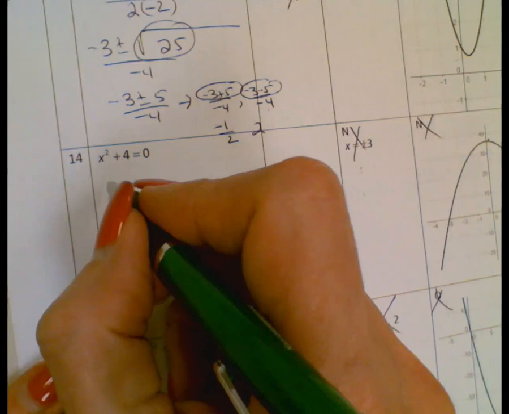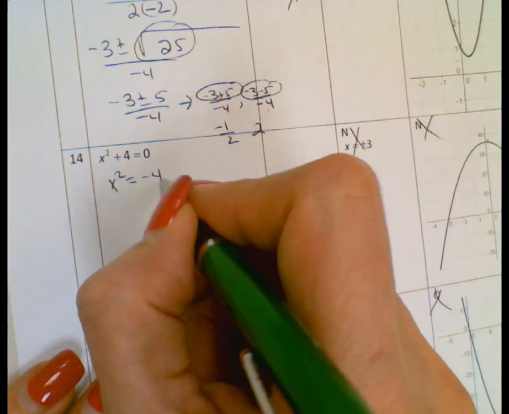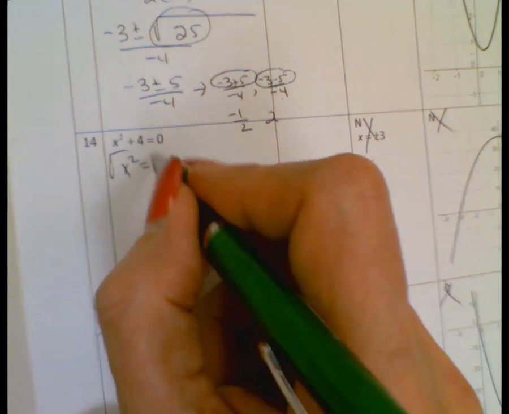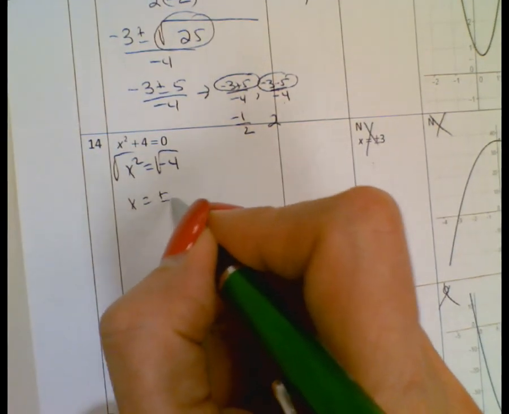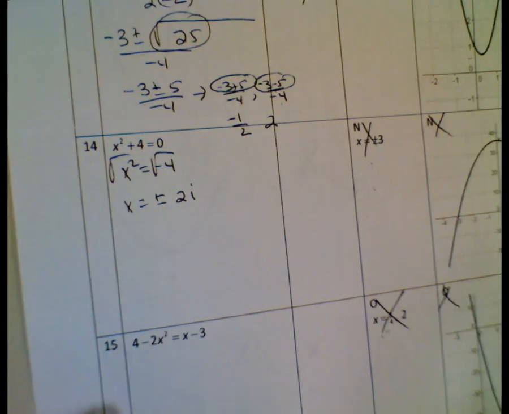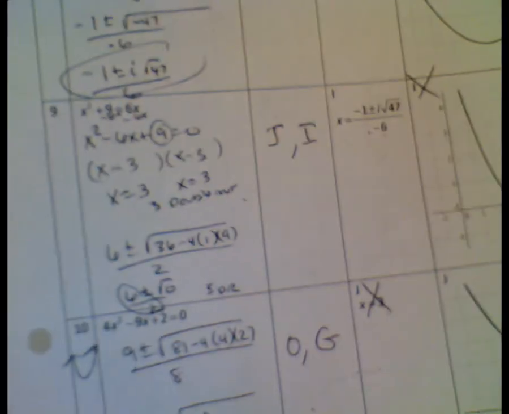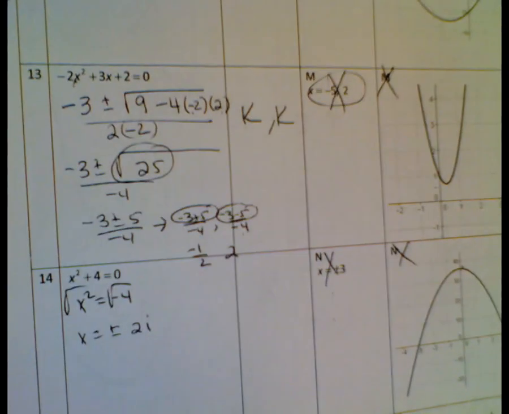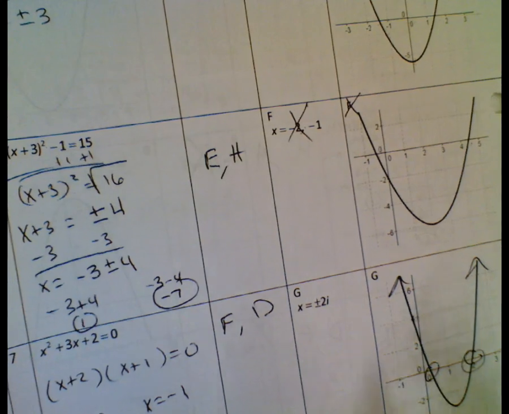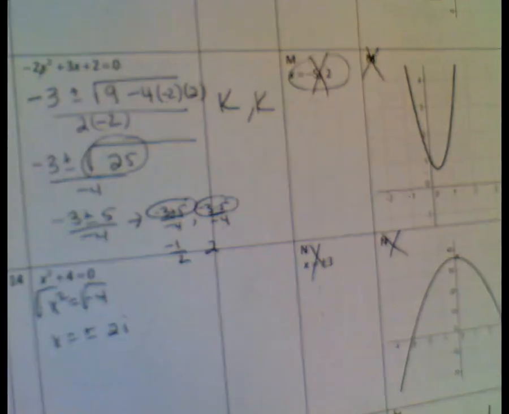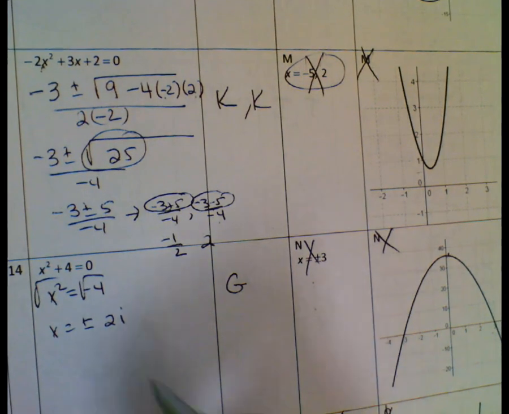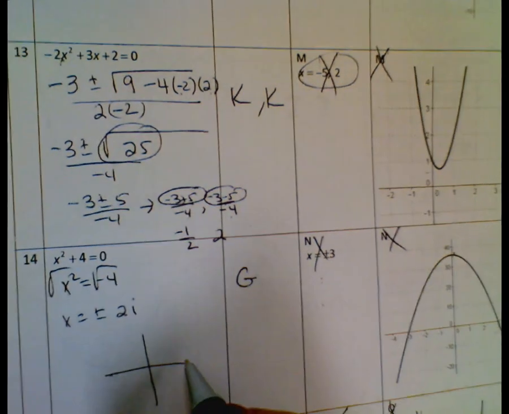On this one, you're going to subtract 4 to the other side and square root. So x is plus or minus, bring the i out, and the 2. So it's plus or minus 2i. There it is, G. So this is G. Now this is an imaginary answer, so it's not going to touch this axis.